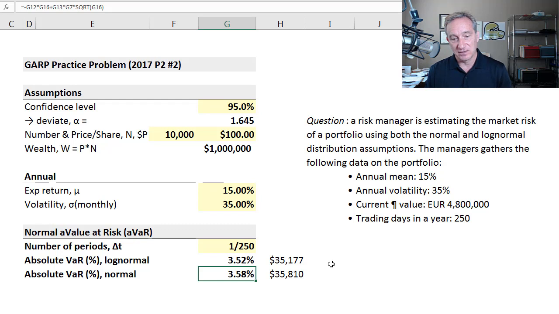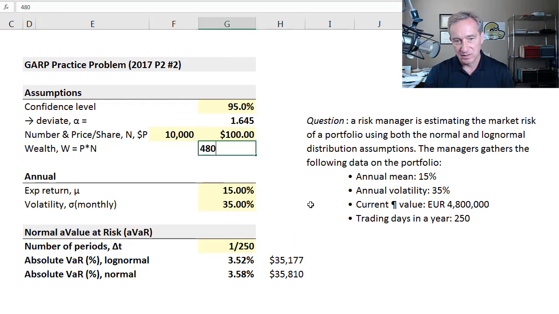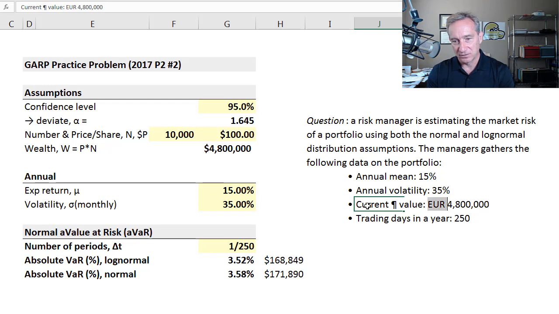I get the slightly higher value of 3.58%, which is 35,000 as a percent of this portfolio, which if I want to match that question should be 4.8. I didn't update it, and I'm showing it in dollars, so to make it consistent I'll switch to euros there.